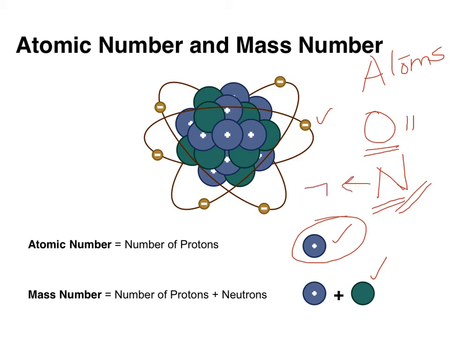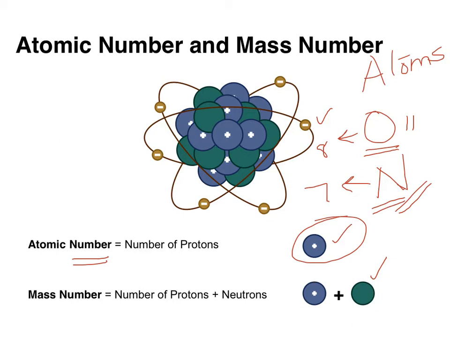Nitrogen has 7, every atom of nitrogen has 7 protons, and every atom of oxygen has 8 protons. Fundamentally, the number of protons is different for the atom of every element. Now, the number of protons present in an atom is known as the atomic number, and this is very important information that you will find on the periodic table.